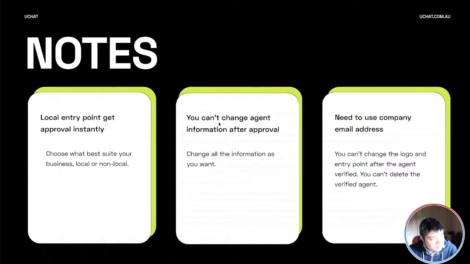Another important thing is you cannot change the agent information after it has been verified and approved, because Google hasn't offered the APIs to do that yet, and they are still adding more features to this channel. When Google offers the APIs, we will offer the same to you. But currently, when you submit the agent, you cannot change it.